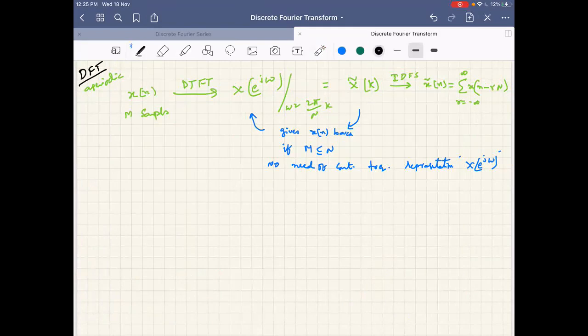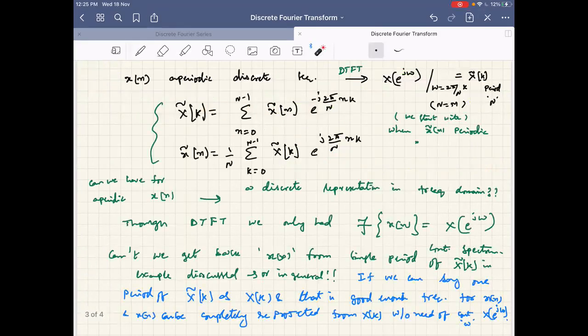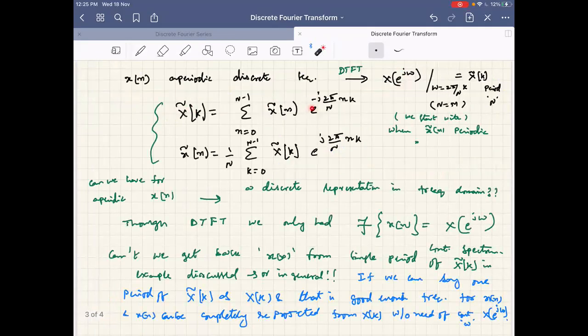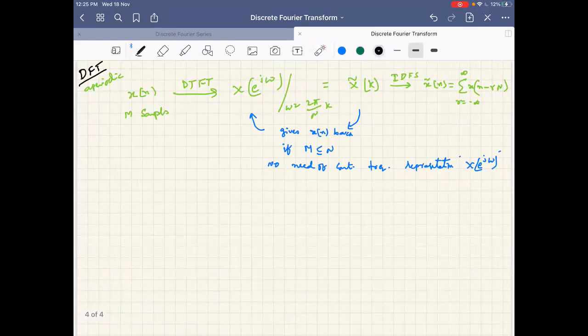Since we initially wrote those equations from the discrete time Fourier transform, we can easily take one period of this and get this x of k, which is only one period in frequency domain, and from that one period we can get back x of n, again one period of the discrete time sequence. So let us write the discrete Fourier transform equations.